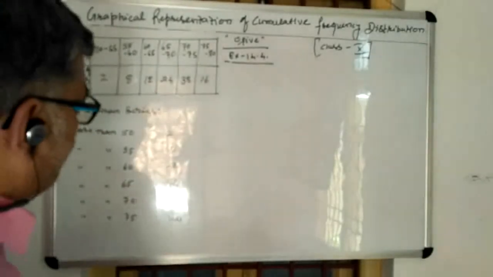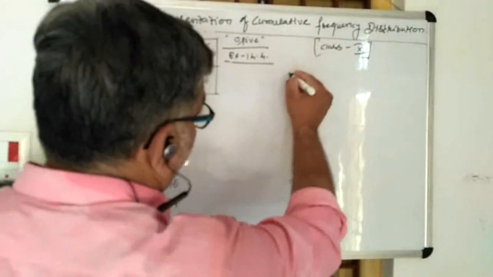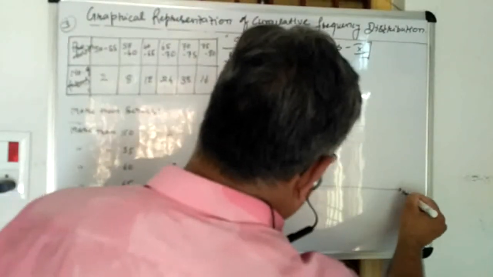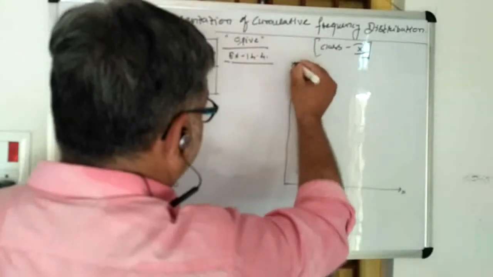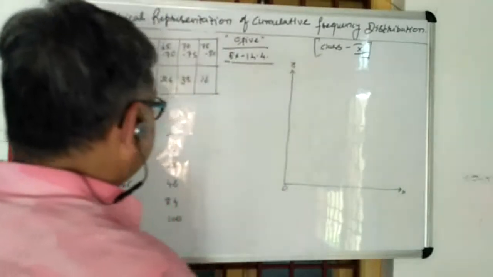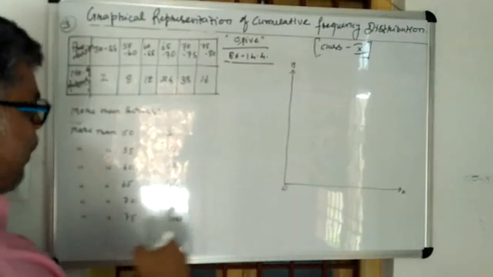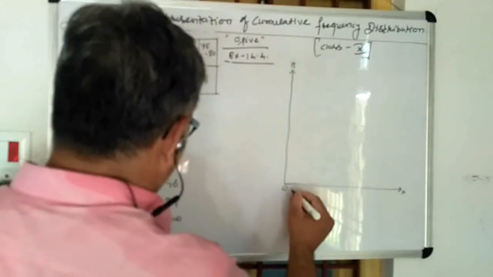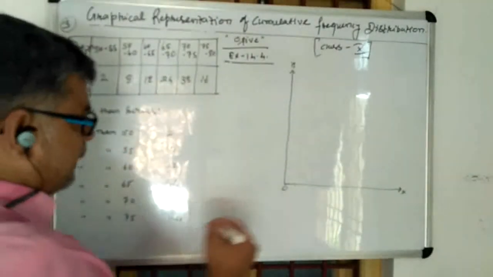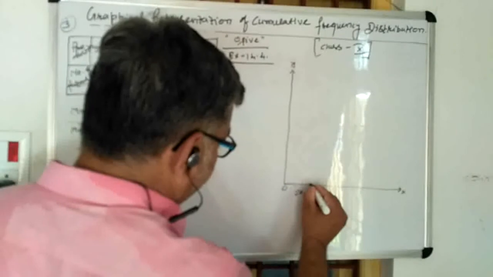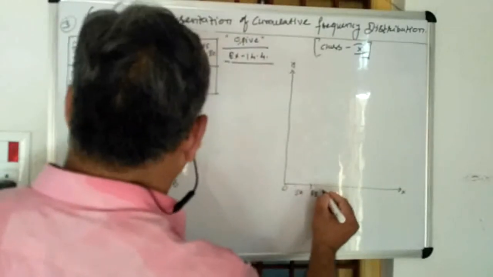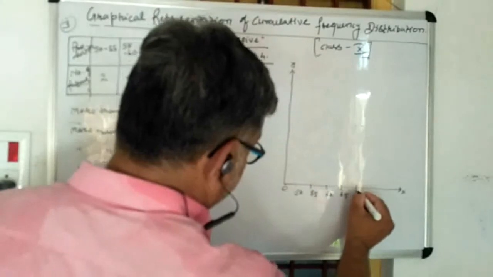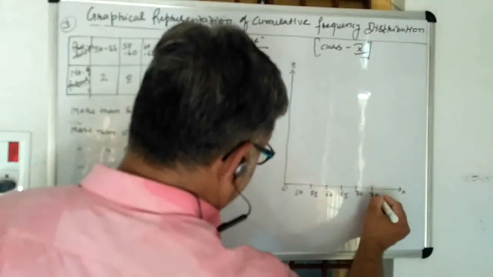Now you have to plot it. So draw the two axes, x-axis and y-axis. This is the origin. On the x-axis you have to take the lower limit, so it is 50, 55, 60, 65, 70, 75.